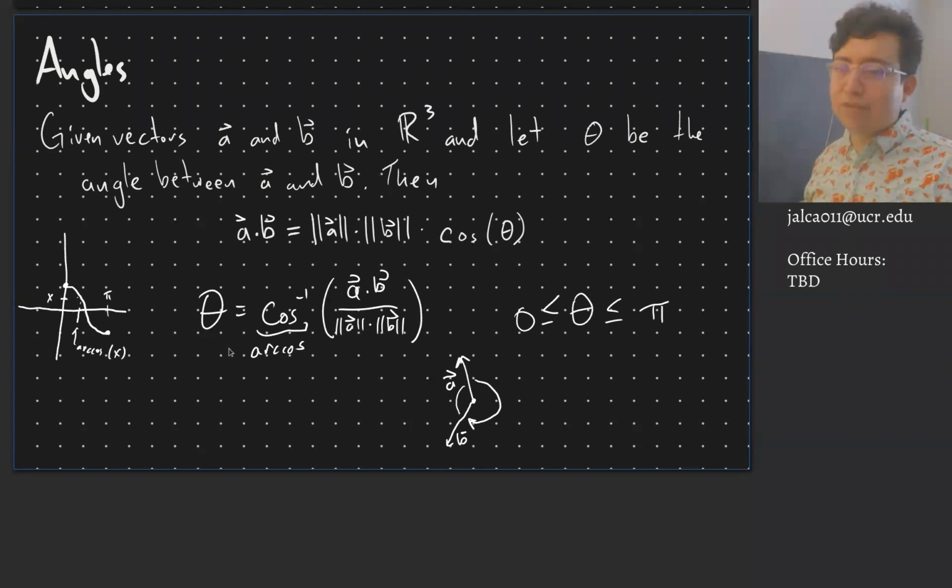The thing with this formula is it's always going to give you the smaller of the two angles. Anytime you have two vectors, there are two angles that correspond with them: this big one and this smaller one. And this formula is always going to give you that smaller angle. Just a little observation.